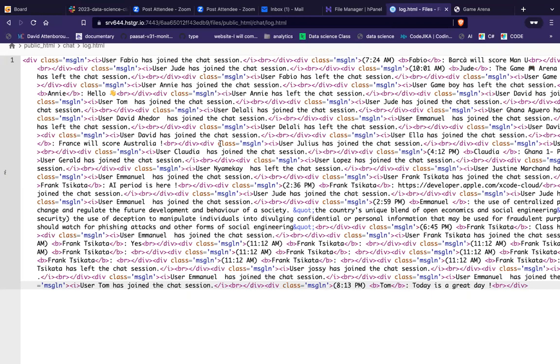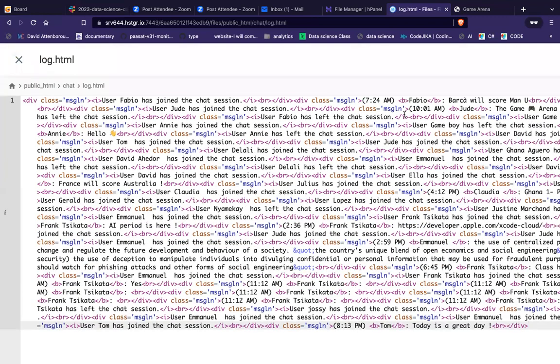So if I'm using association rule mining, I'm going to link the number of times a person appears on the site on the same day. So for example, Fabio appeared on the site at 7:24 a.m. in the morning and he left around 8. Right.